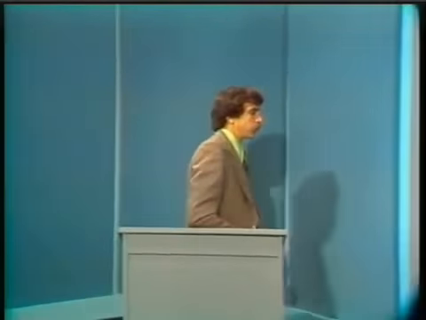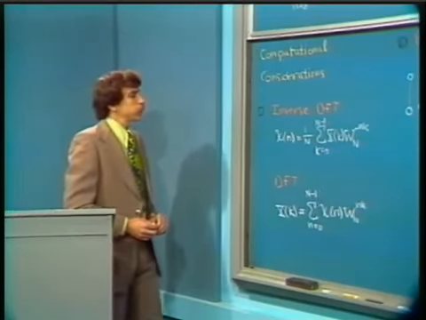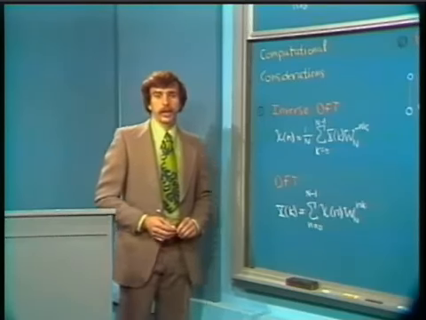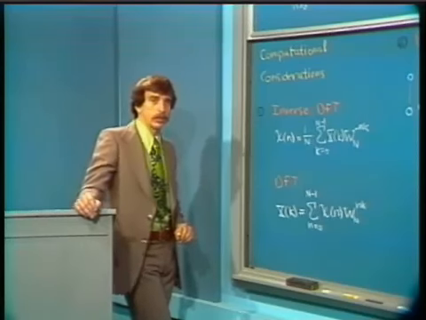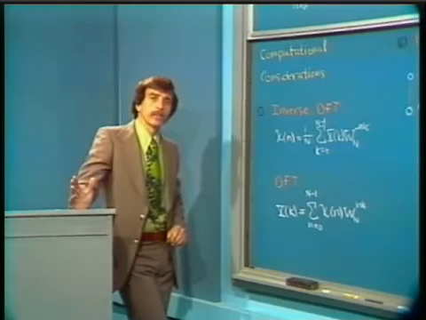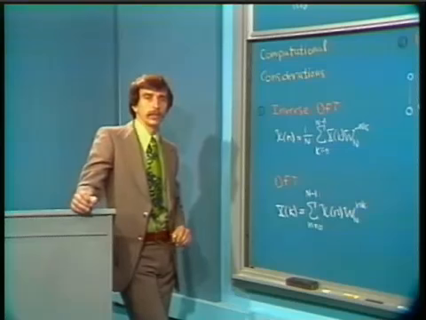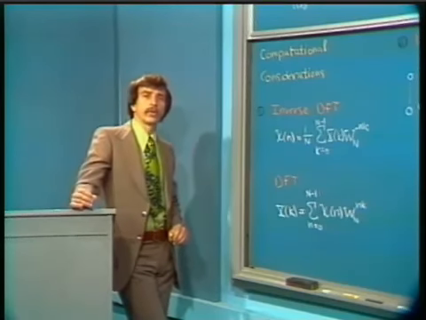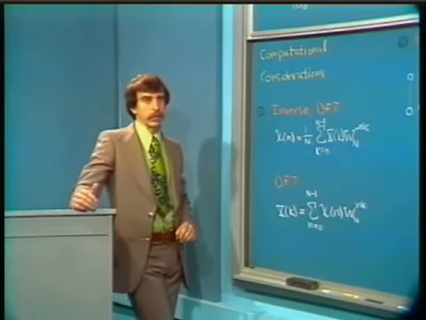Well, first of all, then, let me introduce a few of the computational issues that I would like to draw your attention to. The first is, and it's a point that I raised in the first lecture in which I introduced the fast Fourier transform algorithm, that whereas our discussion has been directed entirely toward the computation of the DFT, it applies also in a very straightforward way to a computation of the inverse DFT.